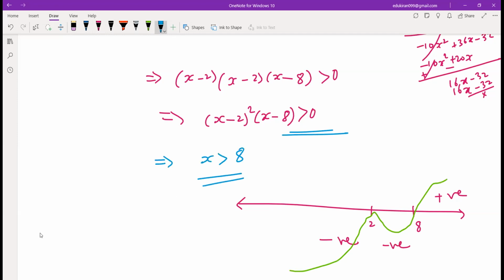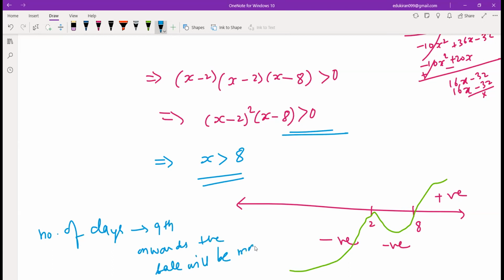So we will say that the number of days, 9th onwards, x is 8 is not included. So from the 9th onwards, the sale will be more than 3200. This is what we will say. If it was included, like 3200 was included, then it starts from the 8th day.